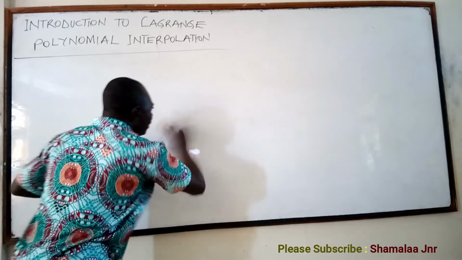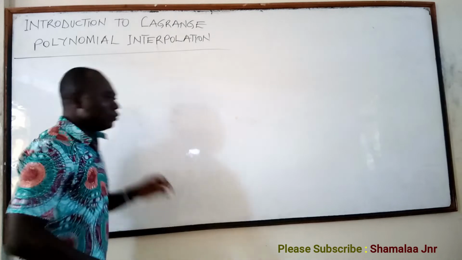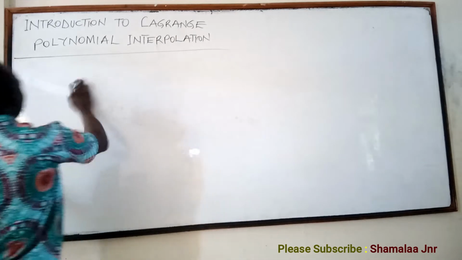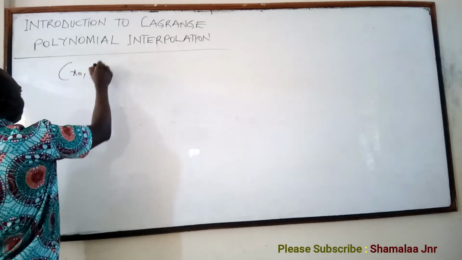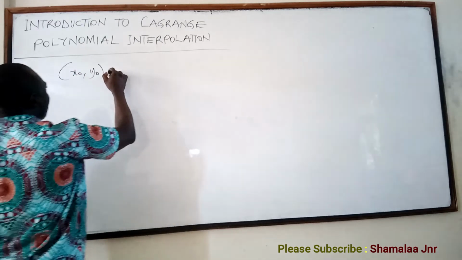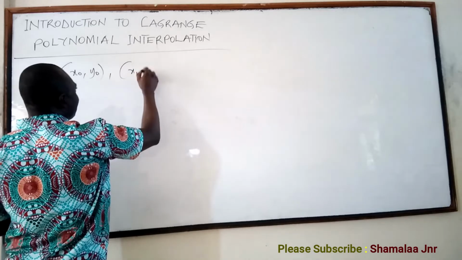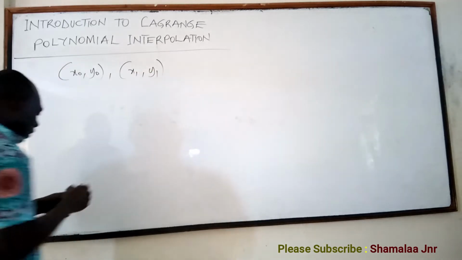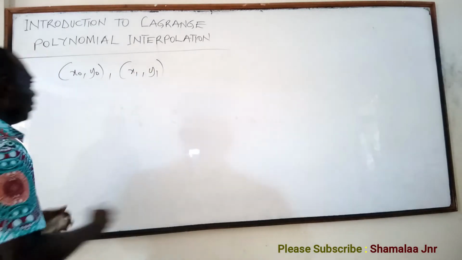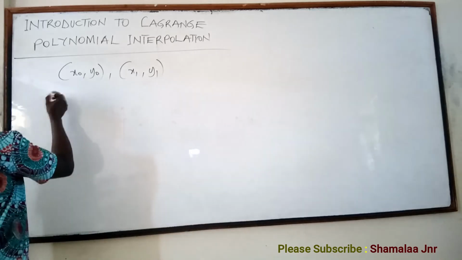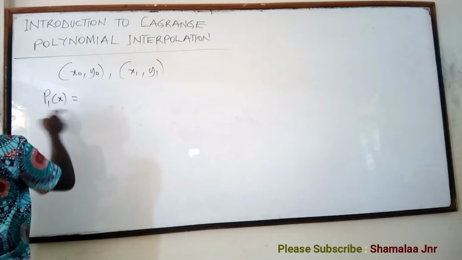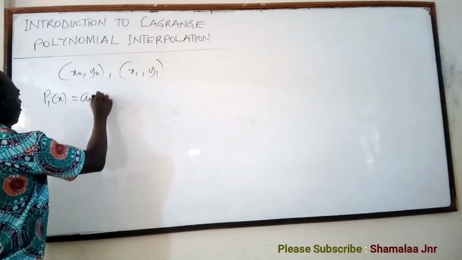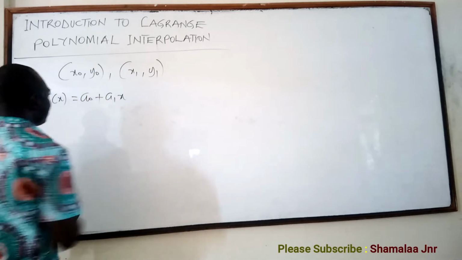Okay, now let's consider constructing a linear polynomial to pass through these points x0, y0, and x1, y1. Because it's a linear polynomial, we expect it to be like this: P1 of x is equal to a0 plus a1x.